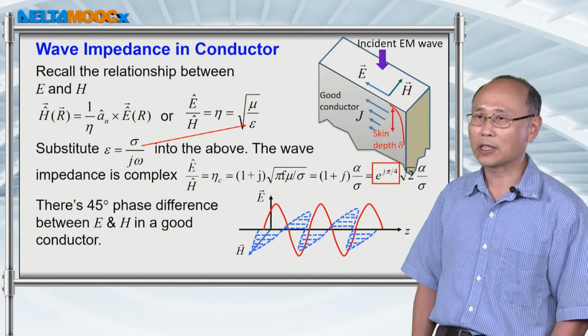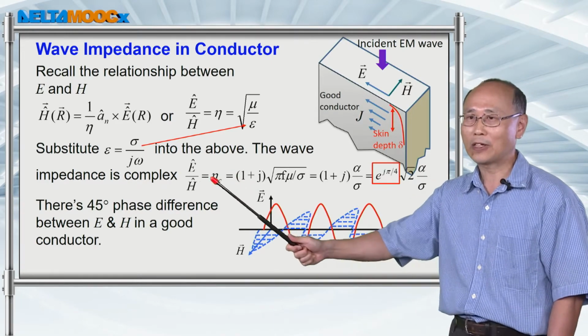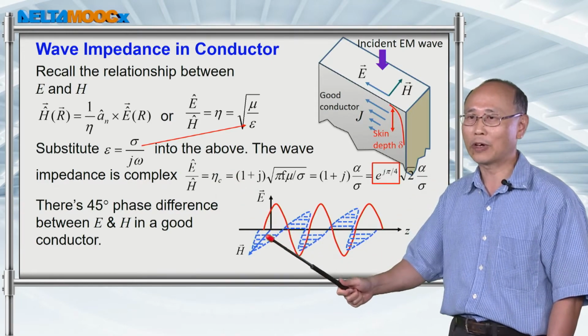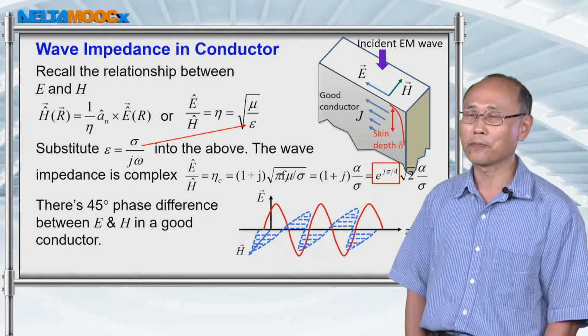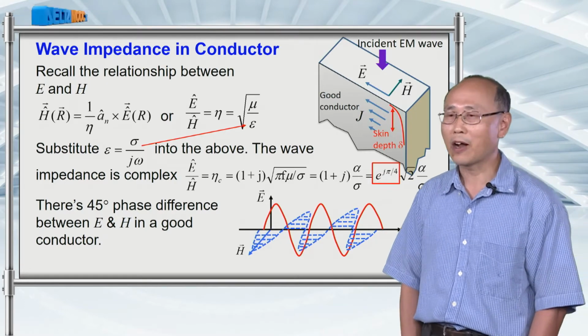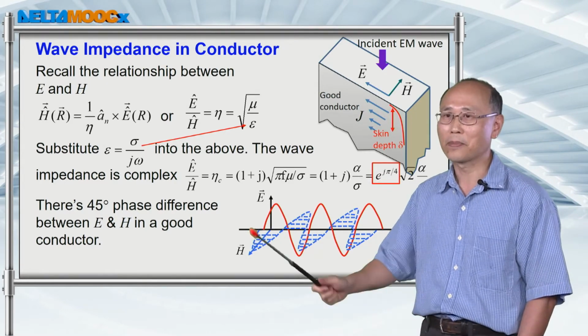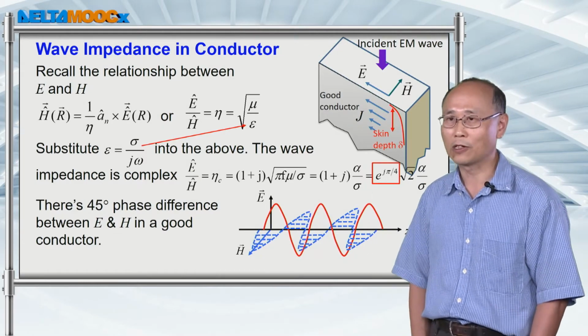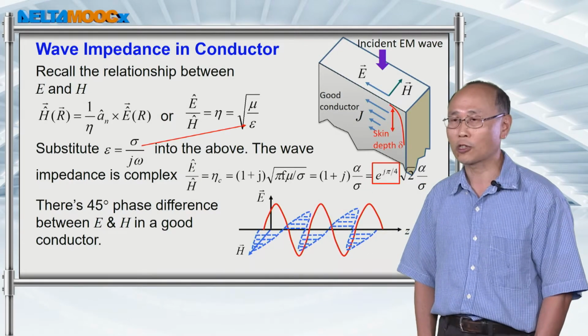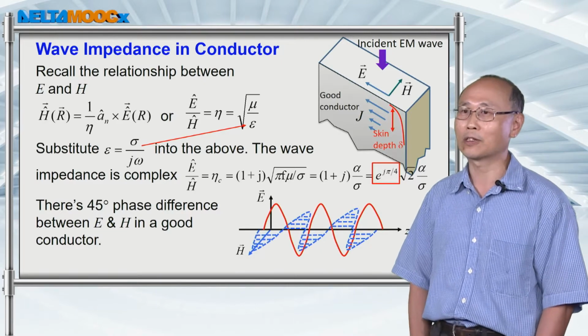So it's quite interesting that there's a phase difference between the electric field and magnetic field inside a piece of good conductor. And this could be understood from the fact that the electric field entering a piece of good conductor will spend some effort and also time to interact with the electrons.